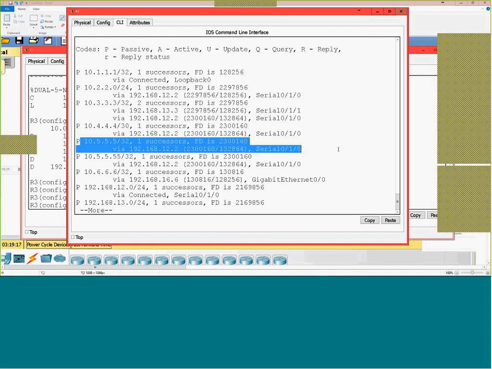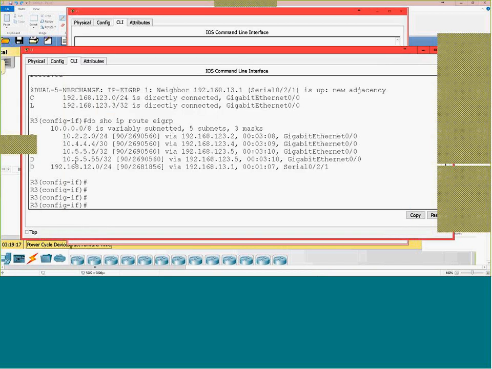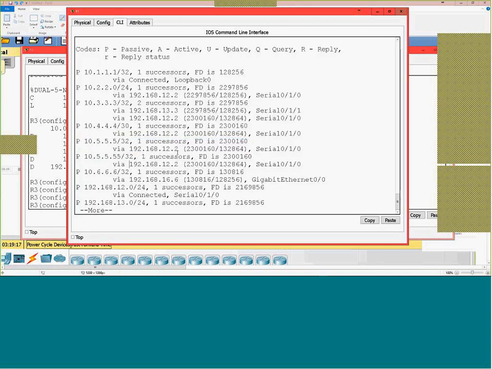So unfortunately, Packet Tracer doesn't show us that correctly. But the reason why we're not seeing the second route is not because of variance. It's because the route doesn't meet the feasibility condition check based on the reported distance. 2690560 is higher than 2300160.